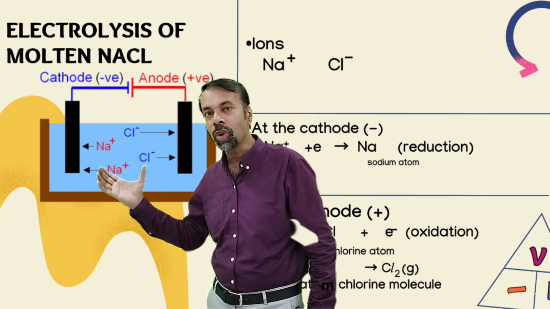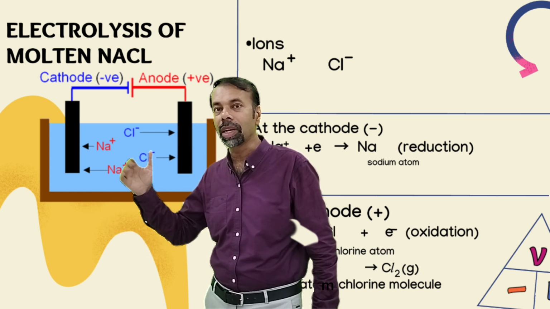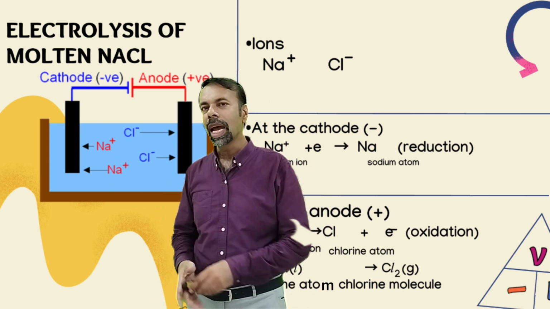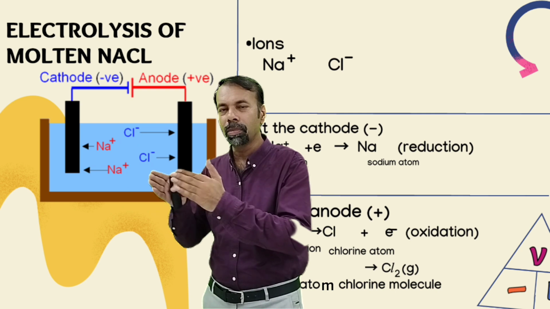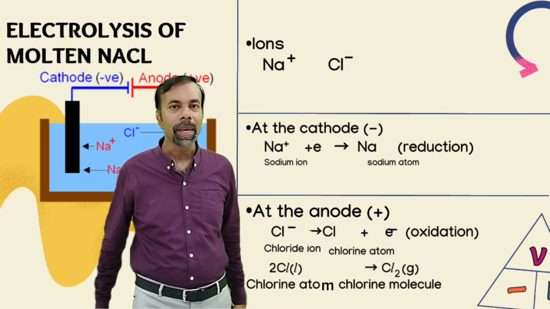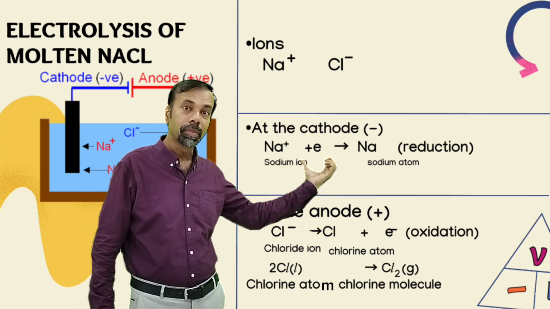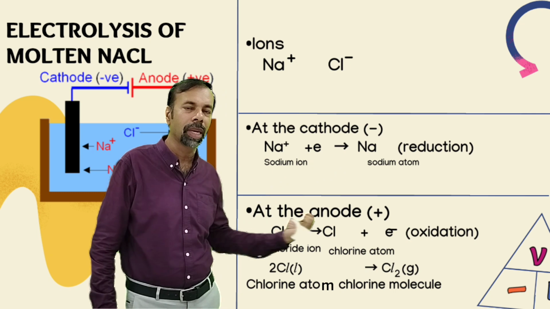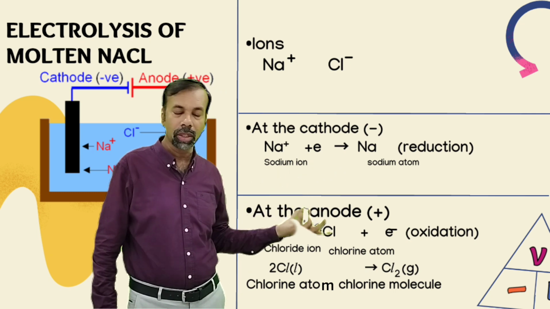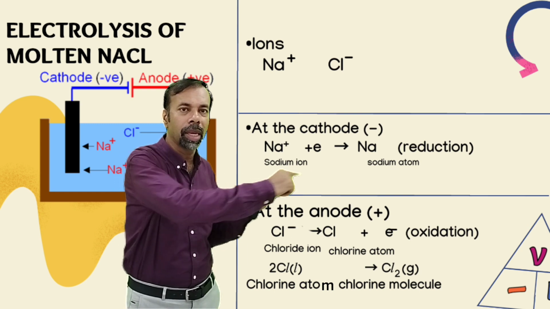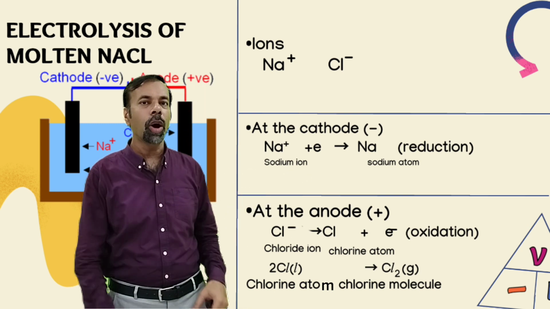So at the anode you will get chlorine gas, a greenish gas coming out, and a silvery shiny metal is deposited at the cathode. You can see the ionic equation. You have to write what is happening at the anode, what is happening at the cathode, and then you should also write the overall equation. Okay, hope you got this.